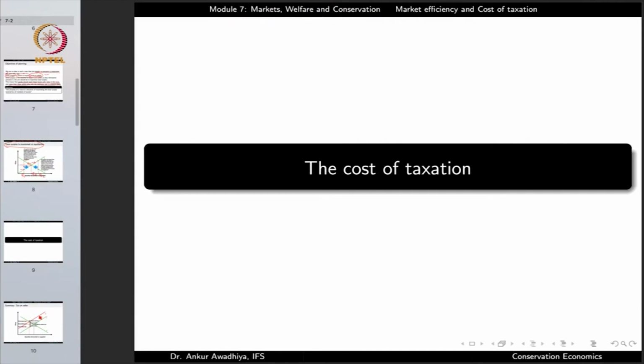With this understanding, let us now try to explore the cost of taxation. Now, we have seen before that for the proper functioning of the market, government is required, because the market cannot function well if we do not have the right of property, and if we do not have a rule of law in which whenever there is a violation of the right of property, it is acted upon by institutions such as the police and the judiciary.